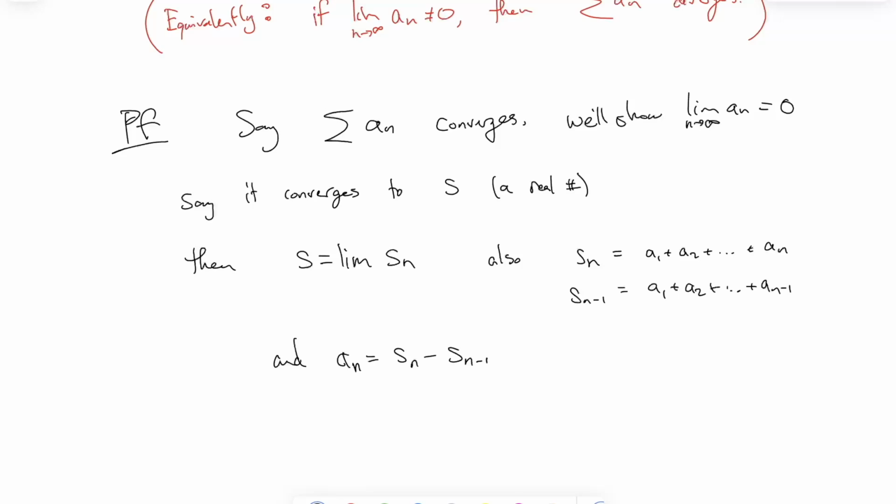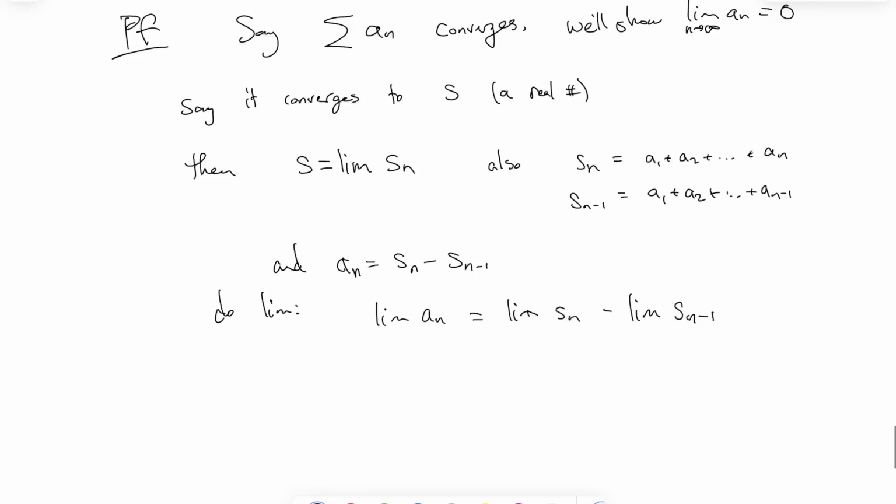That's because Sn means you add them all the way up to an. Sn minus 1 means you add them all up, but you stop 1 early. If you subtract them, all the other ones cancel, and you just get an left over. But this is almost over. What if I take the limit on both sides here? It says the limit of an equals the limit of Sn minus the limit of Sn minus 1.